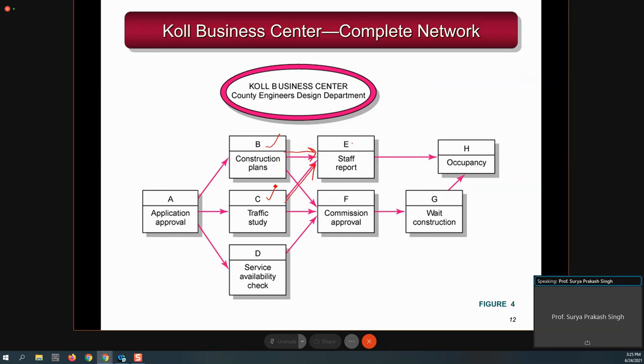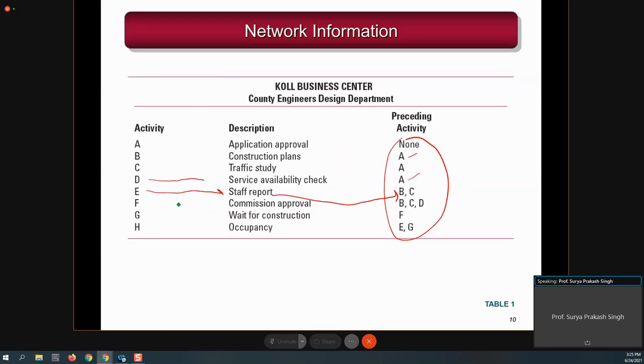So there are two arrows which you have taken, to show that once B and C are over, then only you can start E. Same relation you can establish for other connections like F. Let me take the pen so you can understand better. You can start F if B is over, C is over, and D is over, which you can very clearly see from the table, correct? F you can start once B, C, D are over.